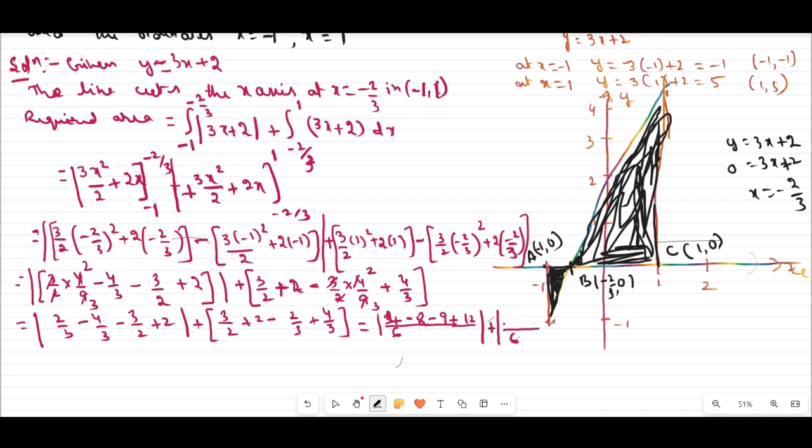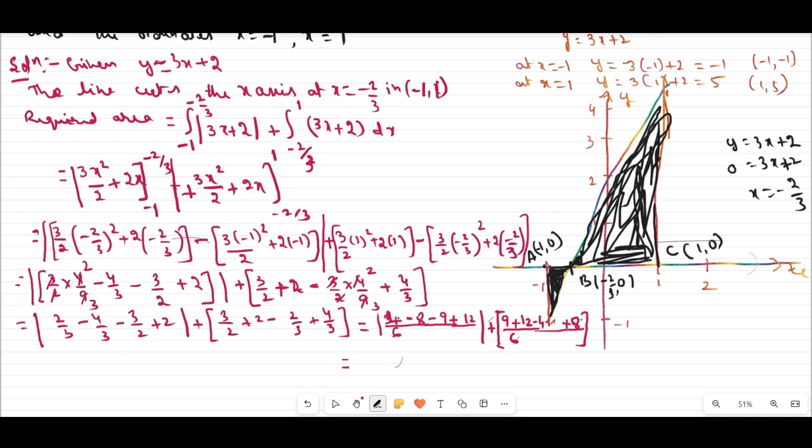What we will get? 9 plus 12 minus 4 plus 8. See, be careful. Bracket is different, modulus is different. So let me simplify this further.